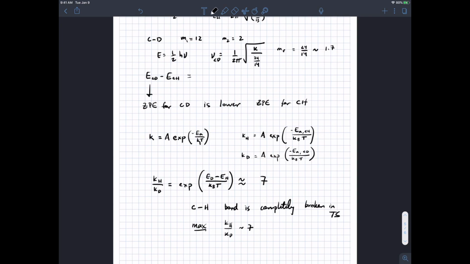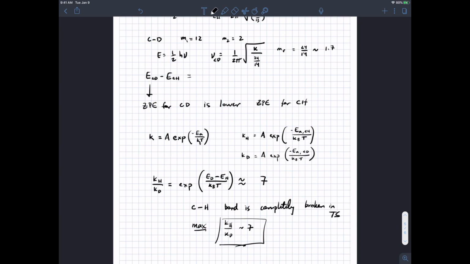If it's a CH bond, you try the reaction with CH and you measure the rate. Then you try the reaction with deuterium at that carbon and you measure the rate there. You calculate rate constants like we learned how to do in Chapter 7, and then you compare them. All right? If the ratio of those rate constants is high, like around 7 or some value that's greater than 1, you might conclude that breaking of that bond is somehow part of the transition state.